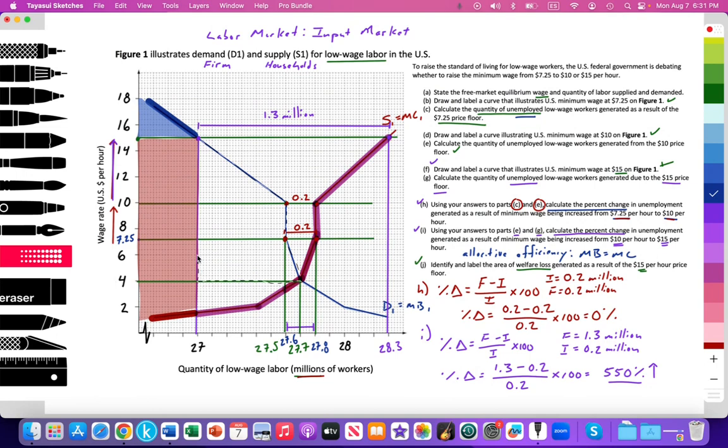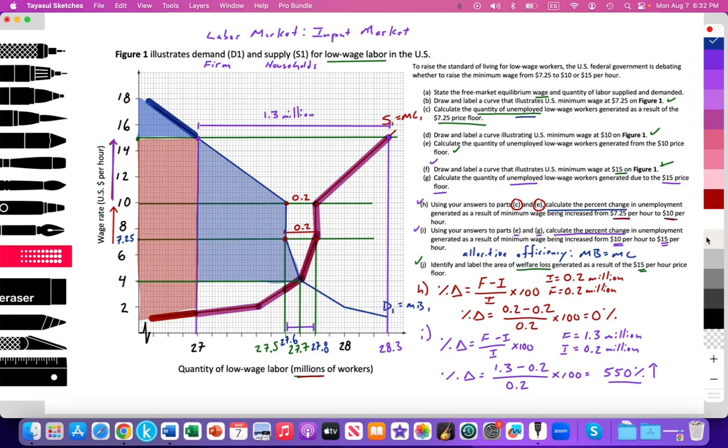And then we would go right back up, and this would illustrate the lost consumer surplus. Firms losing the opportunity to consume labor. That's the welfare loss to those consumers, the firms consuming labor.